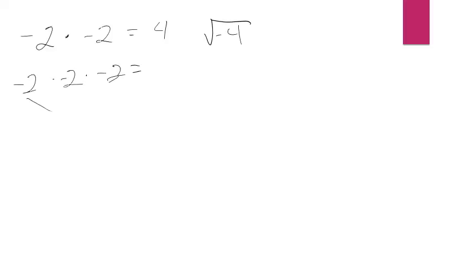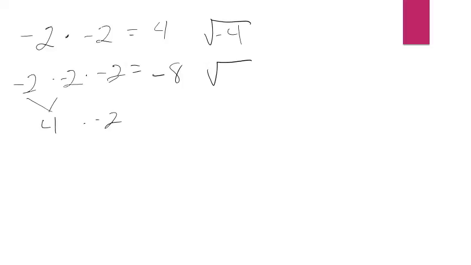There are some special circumstances we need to consider when we're thinking about roots. The first one we want to look at is if we do -2 times -2, that gives us +4, right? So because of that, we cannot have the square root of -4 because nothing times itself equals -4. If we have -2 times -2 times -2, though, this equals +4 times -2, which is -8.